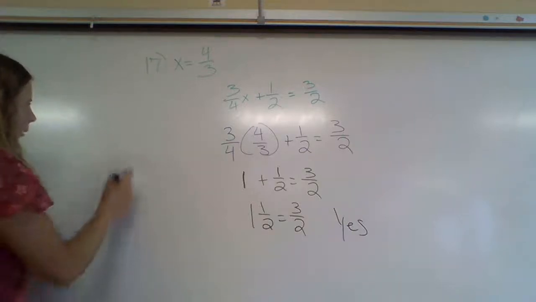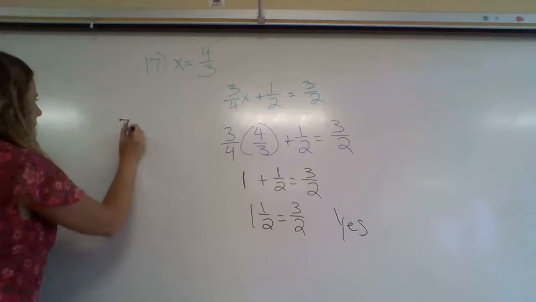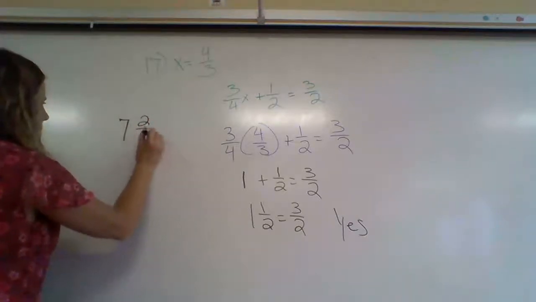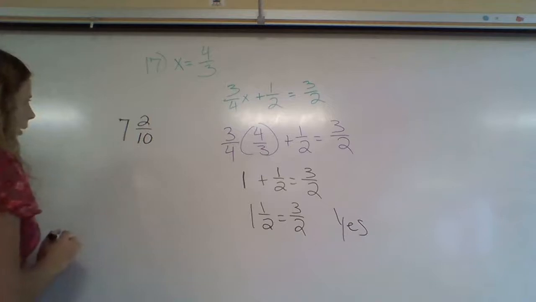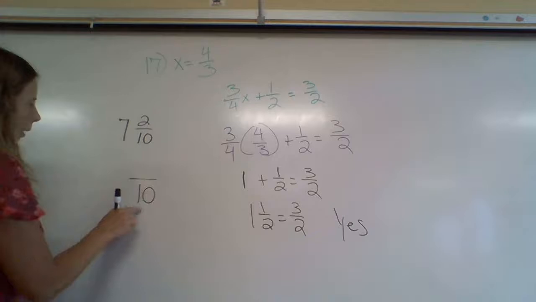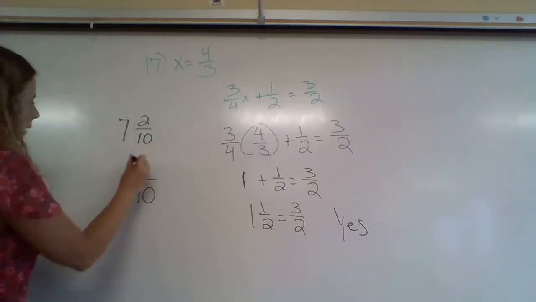I just got off on a tangent, I'll do one more. What about 7 and 2/10? You can automatically rewrite your denominator, keeping it the same. And then you go 10 times 7 is 70, plus 2, 72.